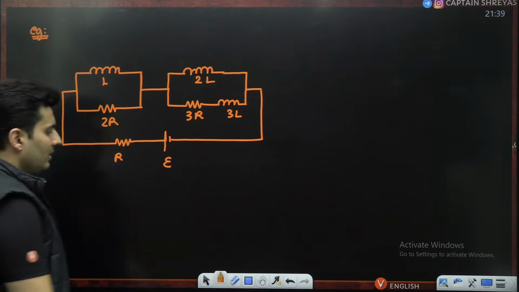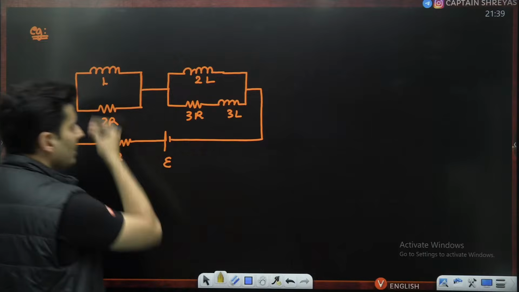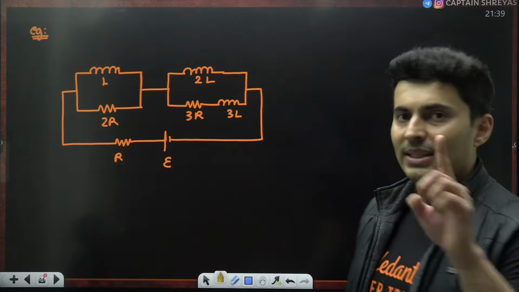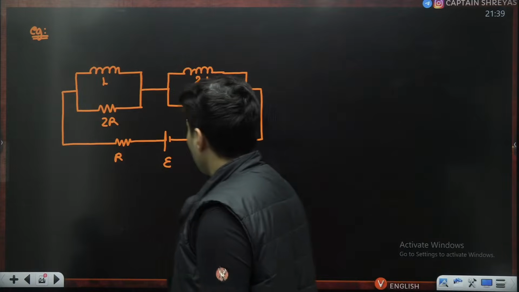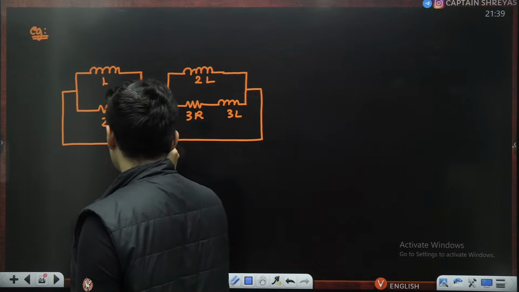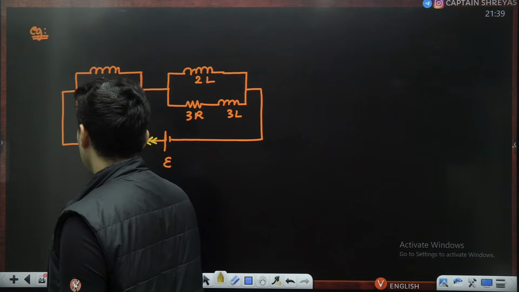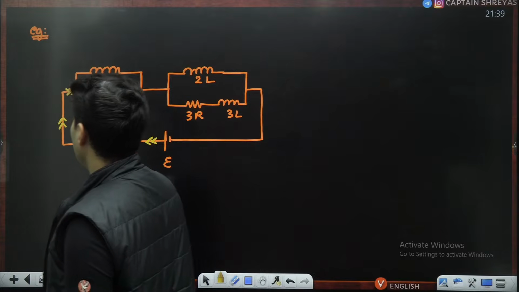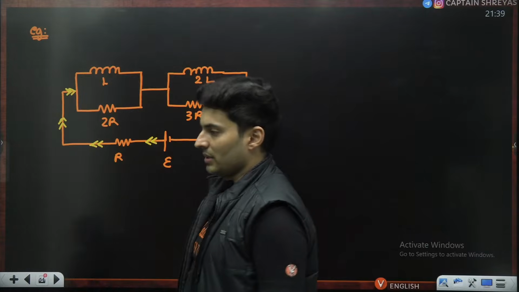If you ask me, when the current is steady and it is established, how will the current exactly flow? Because the current is constant, as the current goes from here to here, the moment it reaches here, it has a choice of either going through this or through this.